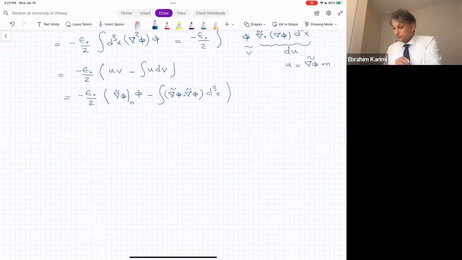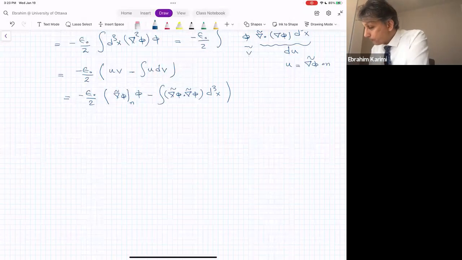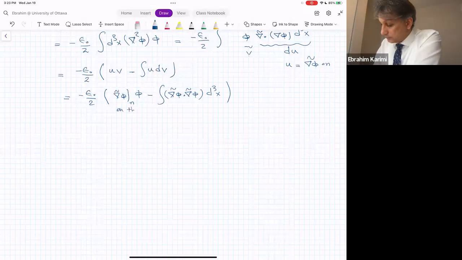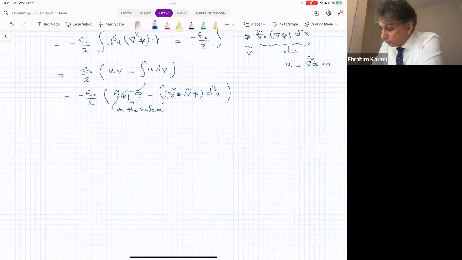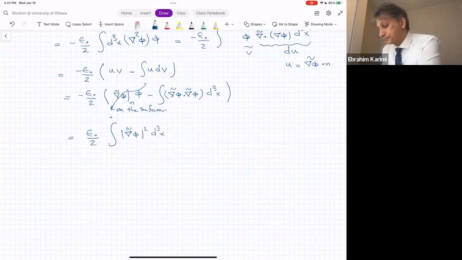Okay. On the surface, we assume that the charge is localized somewhere, not extended to infinity. Then this will be 0 at the surface, and then I will get epsilon 0 divided by 2 integral of gradient of phi squared d3x.